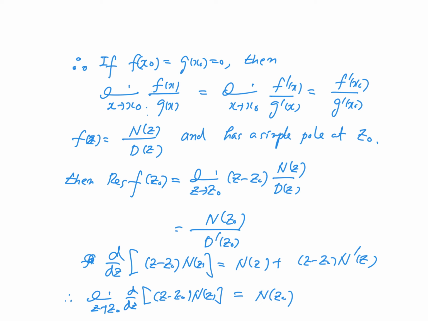If we take the limit as z approaches z0, this goes to 0, so only N(z0) survives. So this is the residue: N(z0) over D prime(z0).